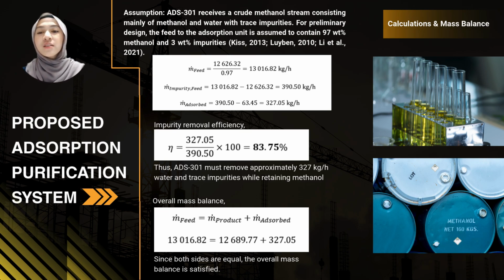These calculations demonstrate that the proposed adsorption system is capable of producing methanol that meets the required purity specification. After establishing the required purification performance, the next step was selecting the most suitable adsorbent, which I will explain in the next slide.